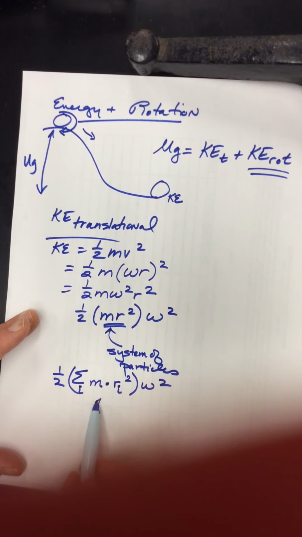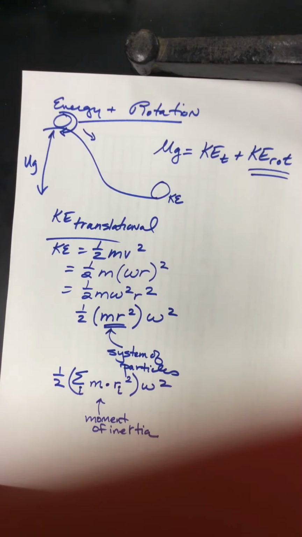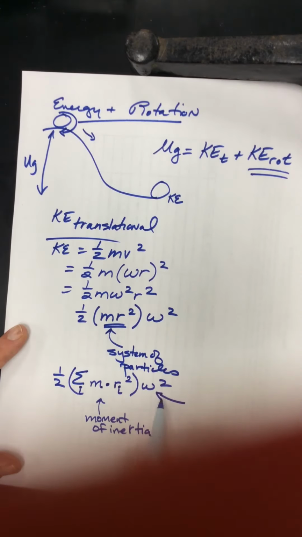Now, this is what I call moment of inertia, and we're going to spend a lot more time on that in the future, and it's going to have a few more permutations that go along with it.